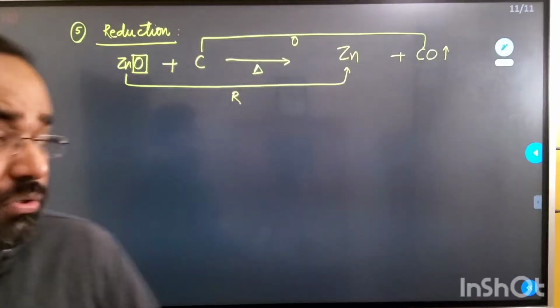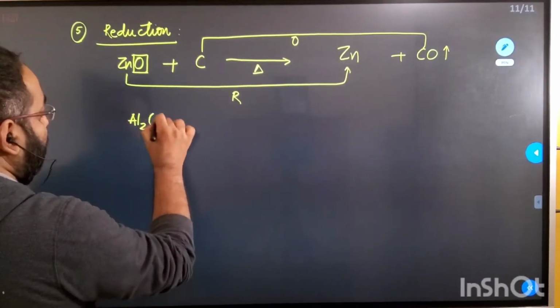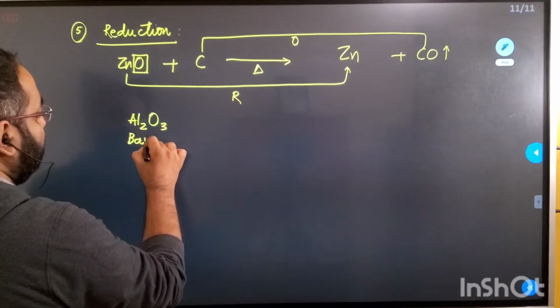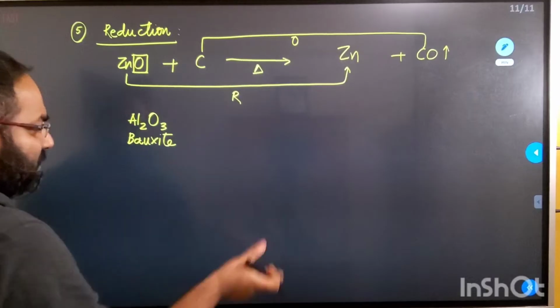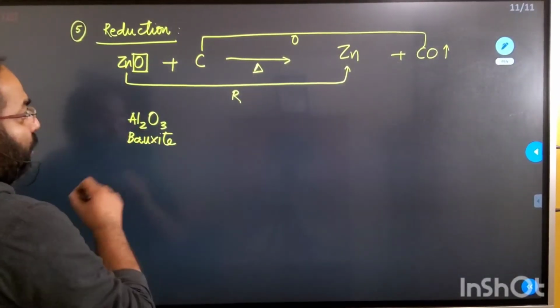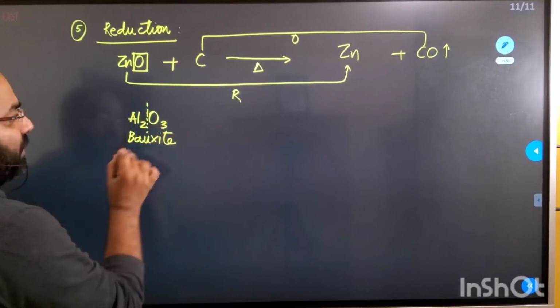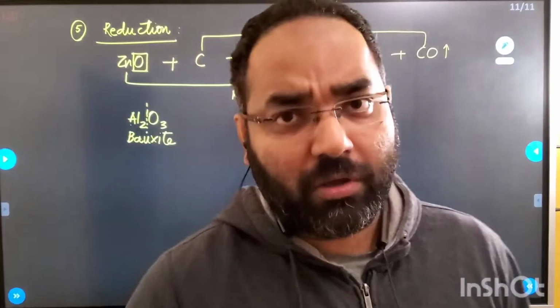Now you can also do other methods as well. For example, when you look at aluminium. Now aluminium's ore is called bauxite. Now bauxite is actually Al2O3.2H2O, but I've just taken Al2O3 for now. The problem with this Al2O3 is that the bond you see here between aluminium and oxygen is very, very strong, because aluminium is a strong metal.